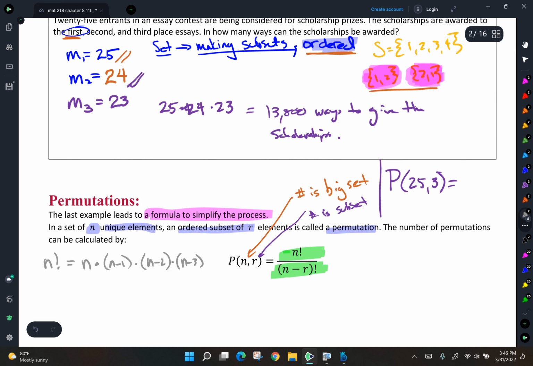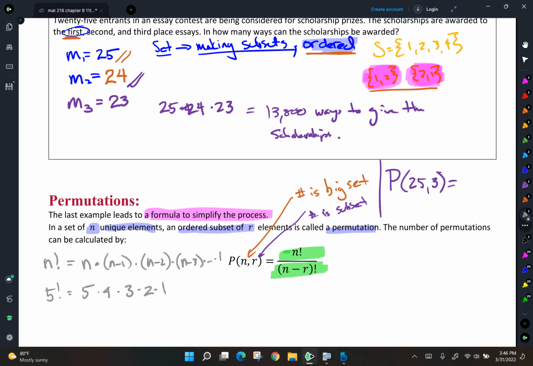Like 5 factorial would be 5 times 4 times 3 times 2 times 1. 5 times 4 is 20, 3 times 2 is 6, 6 times 20 is 120. And so then 5 factorial is 120.